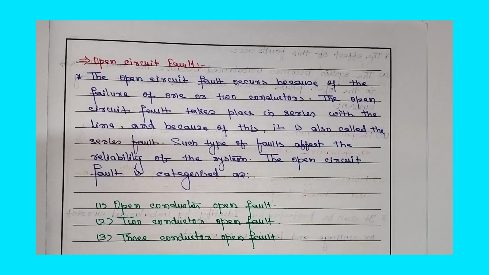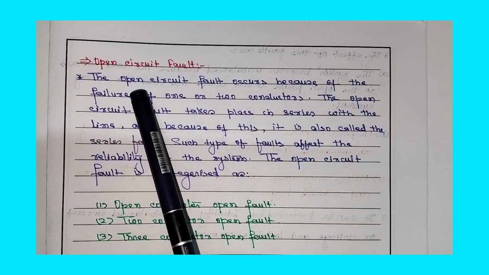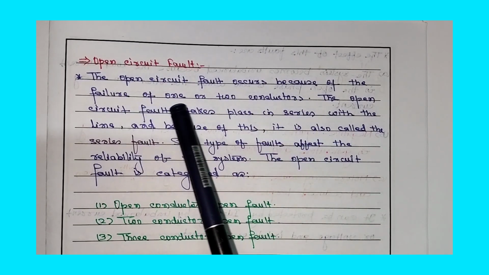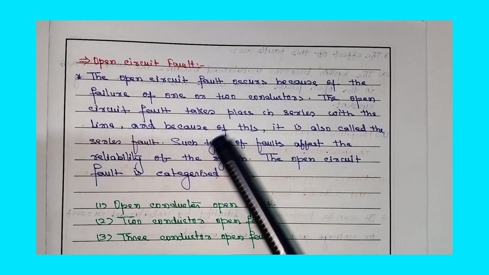These faults are important to understand because they disturb the continuity of the power flow and reduce the reliability of the power system. Here I have written the basic definition of the open circuit fault. It occurs because of the failure of one or two conductors.